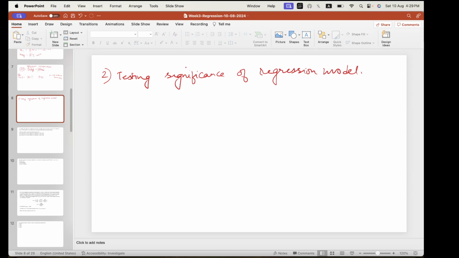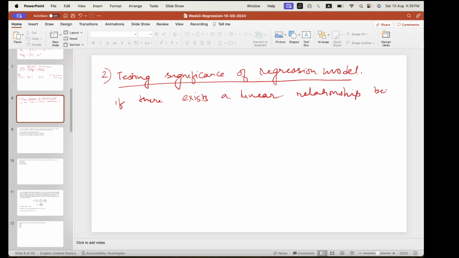Alright, so what does this essentially test? This tests if there exists a linear relationship between the predictors and the response.